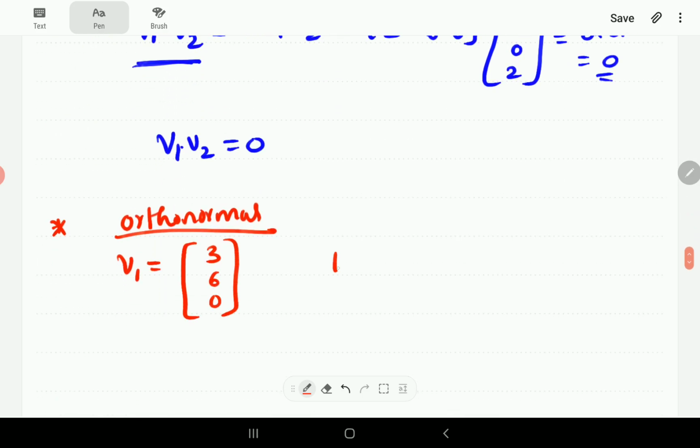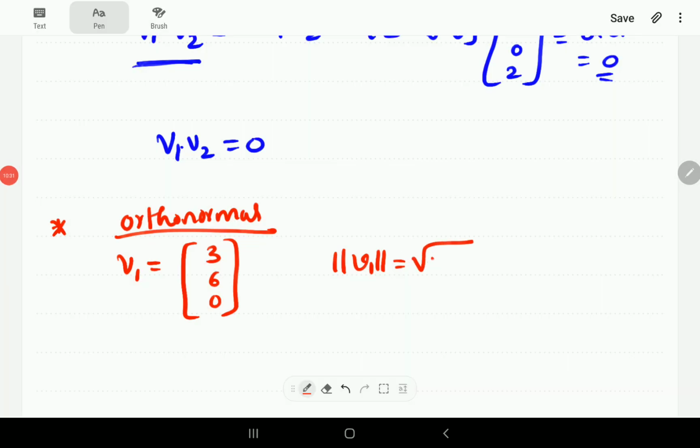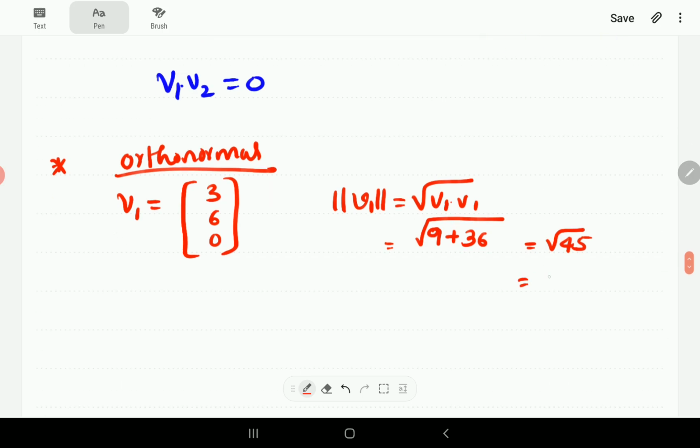We will find the norm of v1. The norm is the square root of v1 dot v1. So this is the square root of 3 into 3, that is 9, plus 6 into 6, that is 36, so it is the square root of 45. You can also write it as the square root of 9 into 5, or 3 root 5.